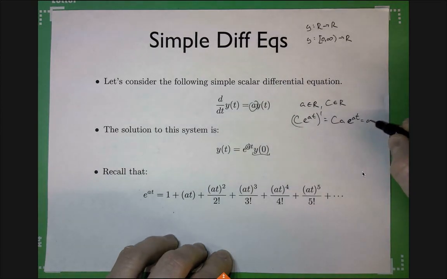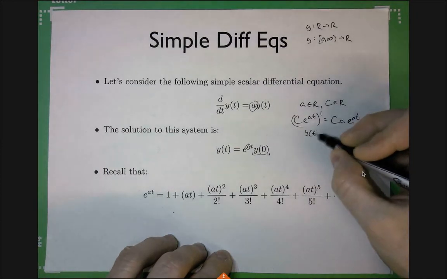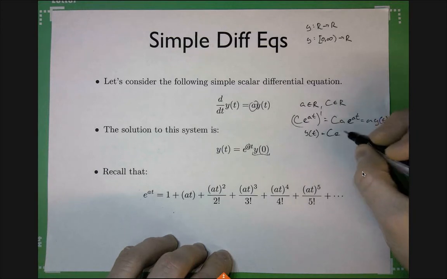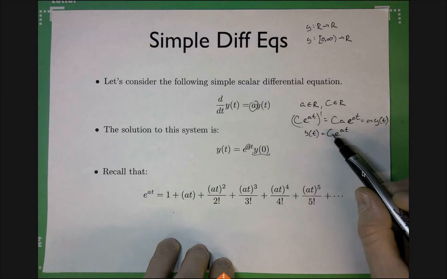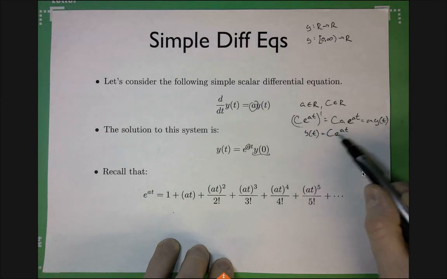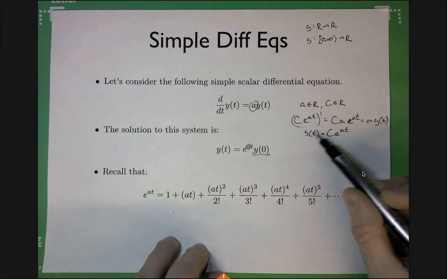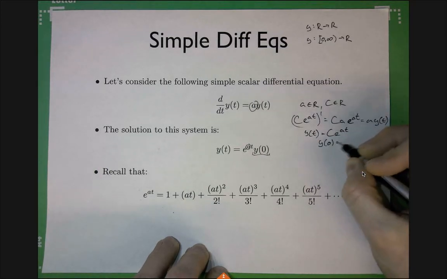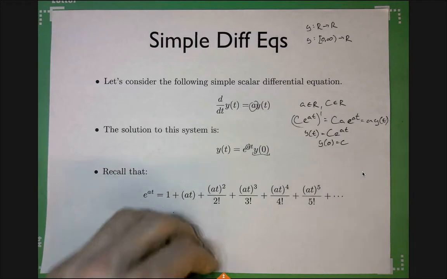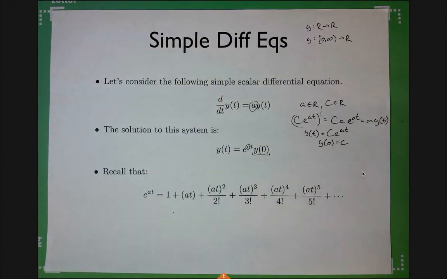And so this is just a times my function, if I say that y(t) is c e^(at). The c is exactly the value of the function at 0, because e to 0 is 1, so y at 0 is c, so we can just call it y0 instead of c. Did I make some mistake? I'm looking at it suspiciously.